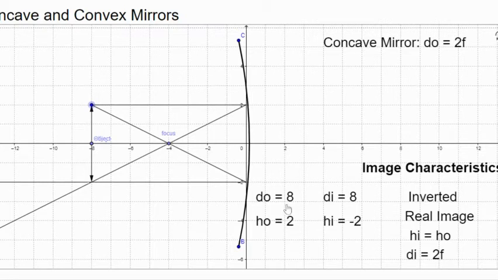When DO equals 8 and F equals 4, does DI also equal 8? In other words, solve for DI, knowing that the focal length is 4 and the object distance is 8. You should get 8. See if you can get that math right. I'll give you a little time. You can pause, try it, and then come on back when you're ready. Go ahead.